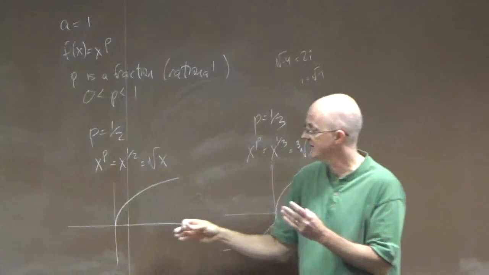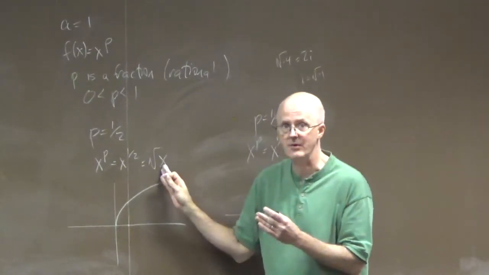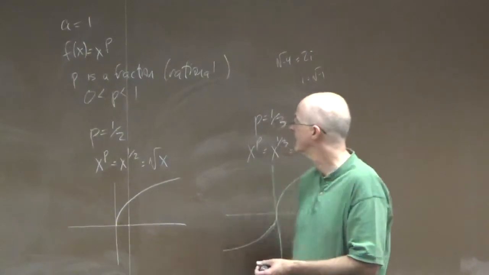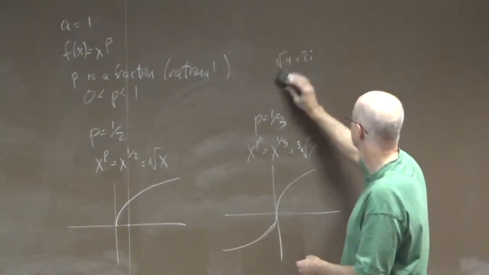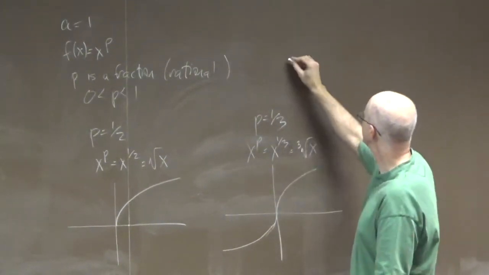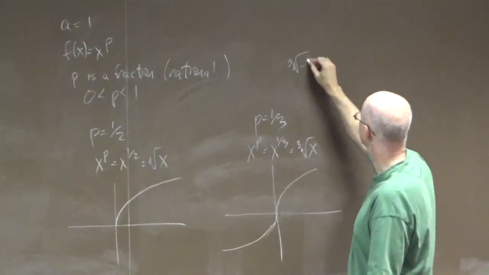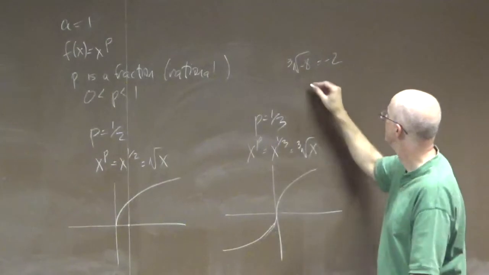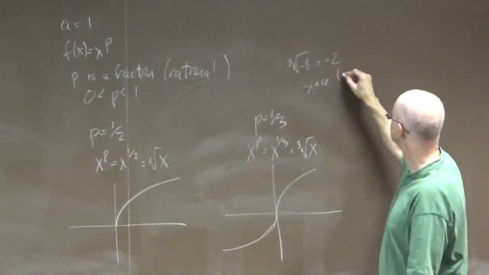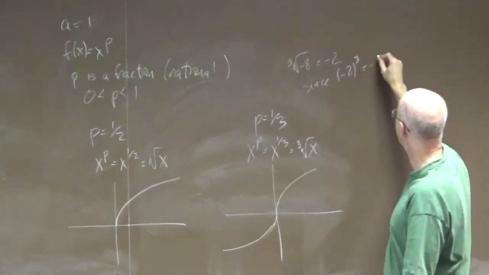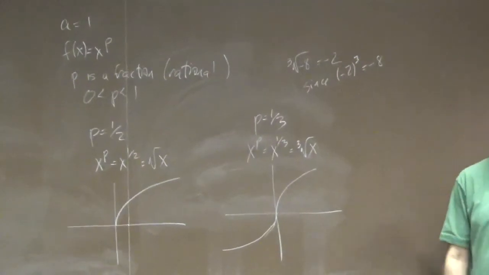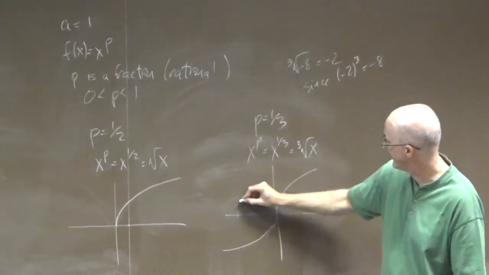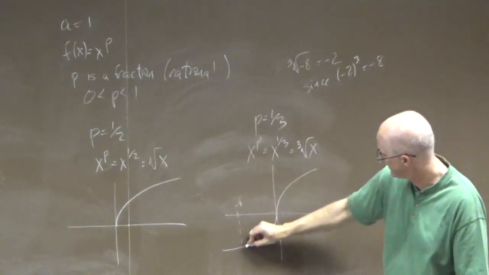So for us, we don't want to plug in negative numbers for x, because we don't get a real number output. With a cube root, however, that is defined for negative x to give you real numbers. For example, the cube root of -8 is -2, since -2 cubed is -8. When you plug in -8 into the cube root graph, you get an output of -2.